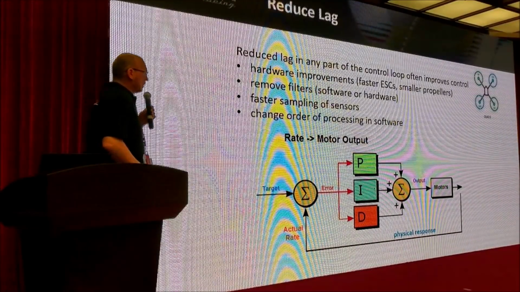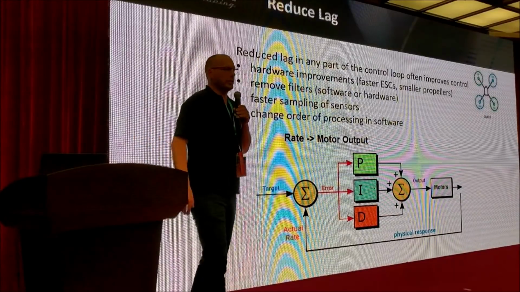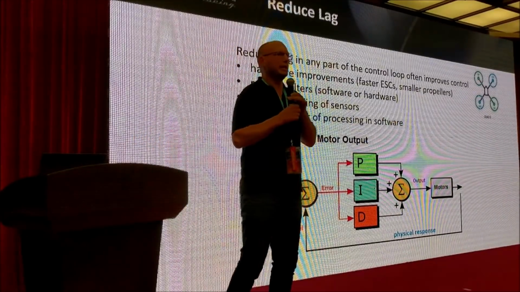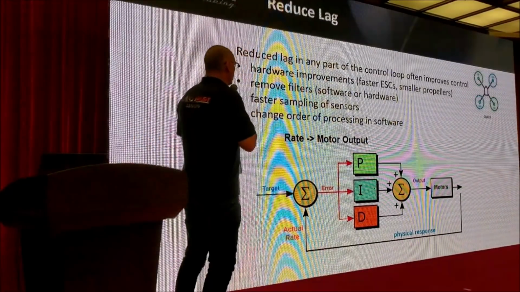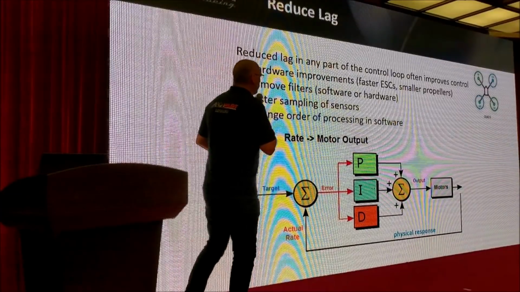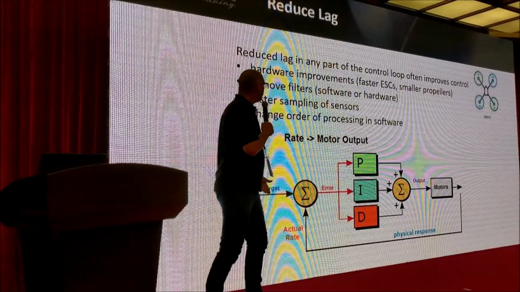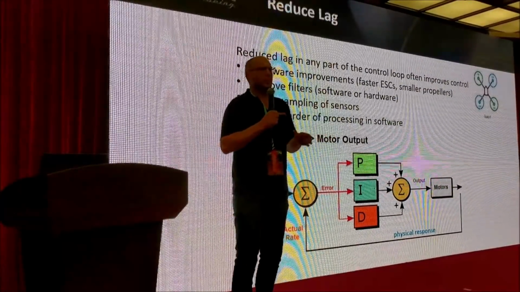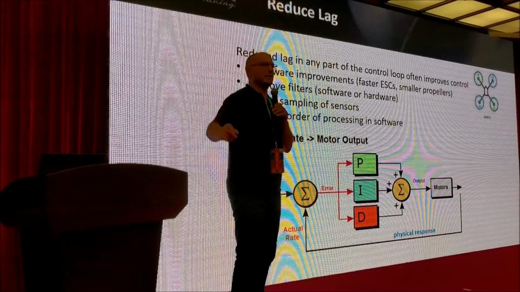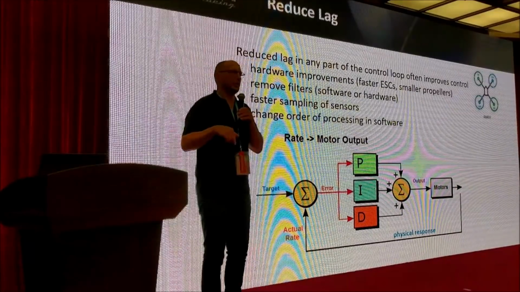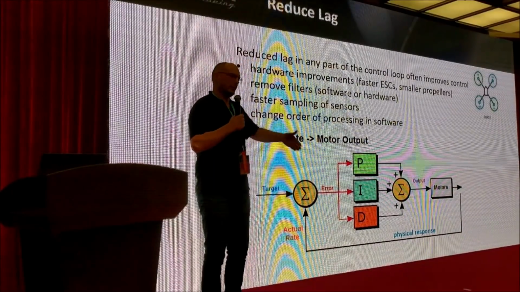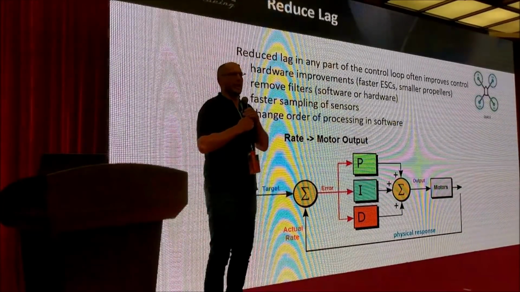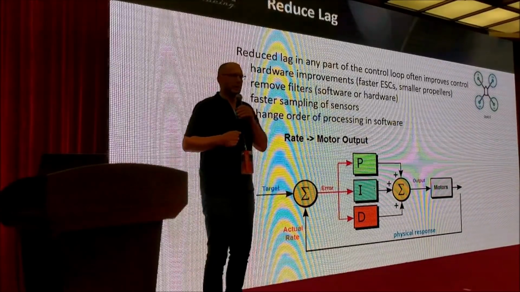So there are a number of things that allow us to make a PID controller work well. One of the most important things is how fast you're able to measure where you are versus where you want to be and react to that.